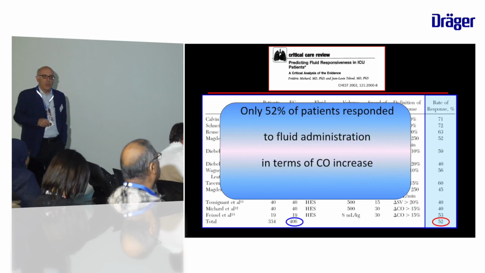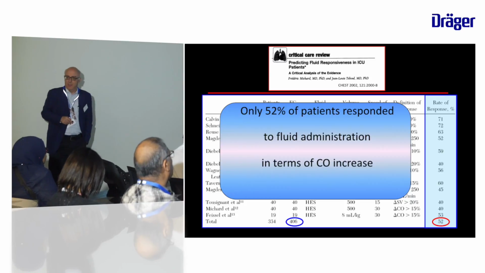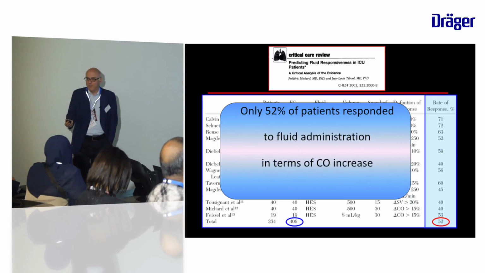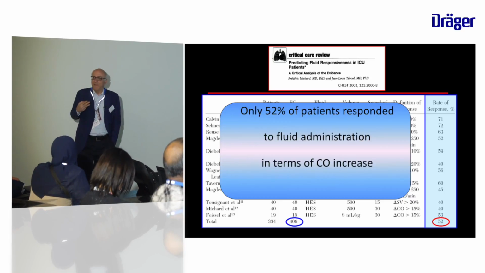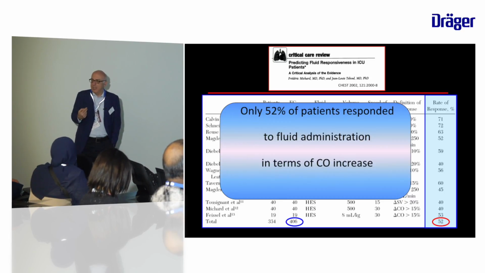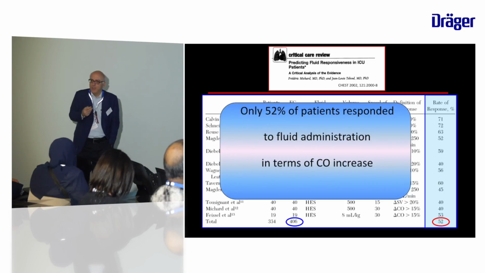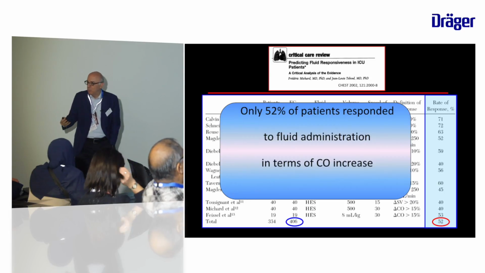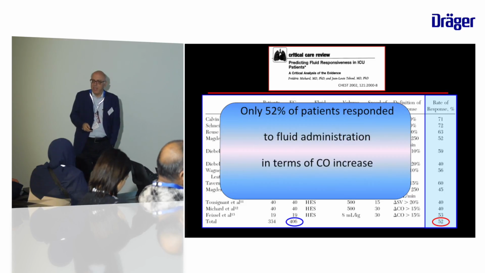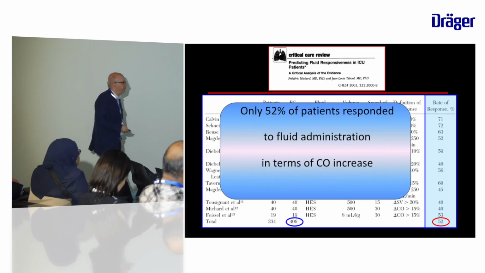So 50% are not responsive. That's why it's important to have clearer ideas to predict those patients who are fluid responsive. There is an uncertain 50%, and we need some methods to better define fluid responsiveness.